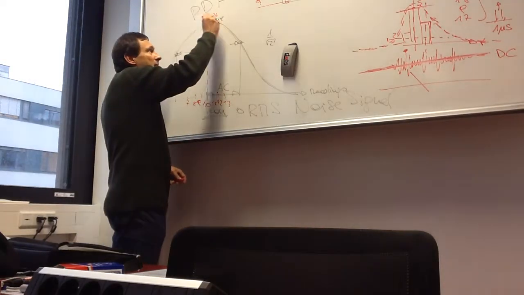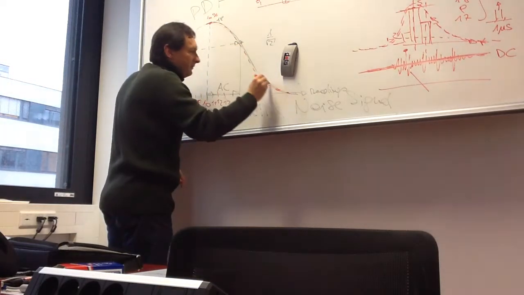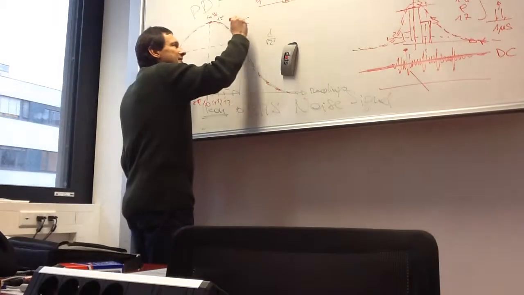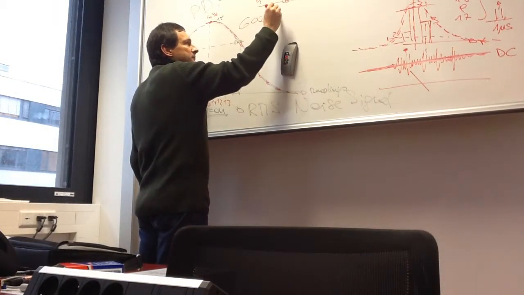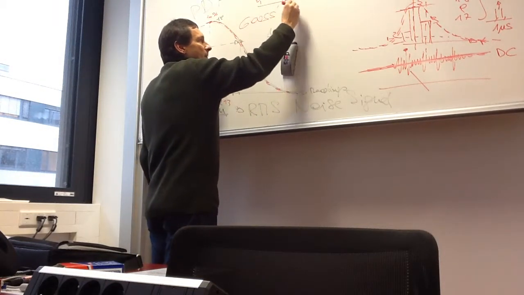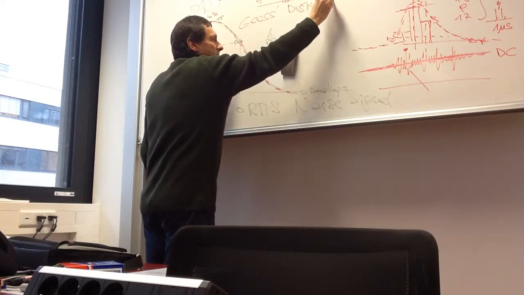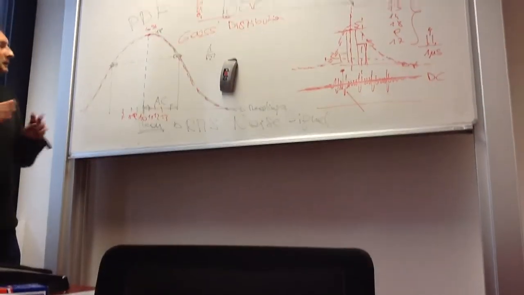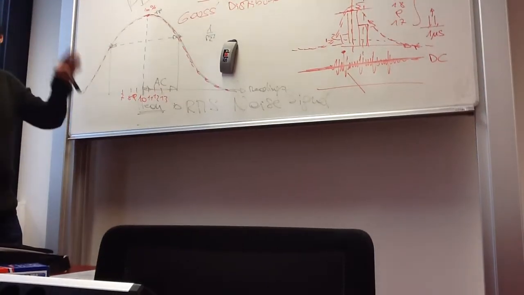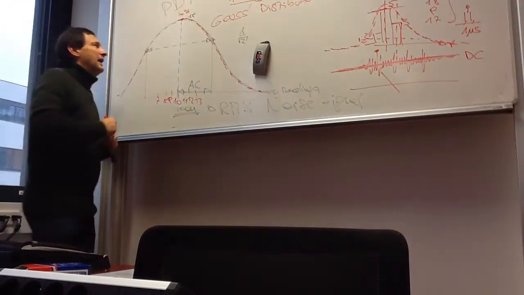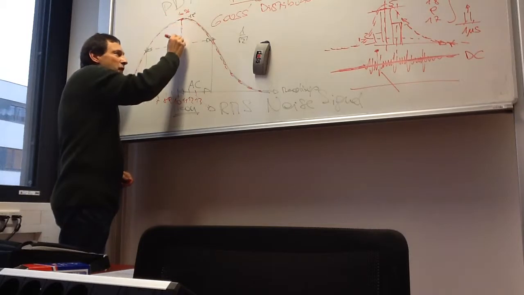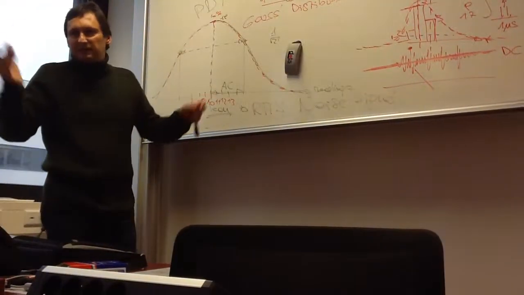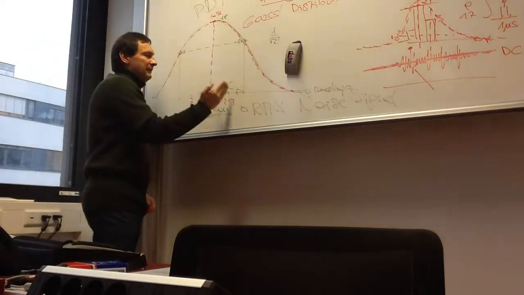And here we can draw a curve. This is the Gaussian distribution, or some kind of curve. The most probable value is the mean value. It's defined as the mean value, the value in the middle.